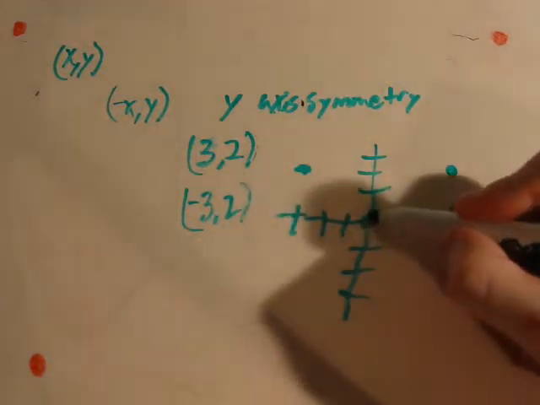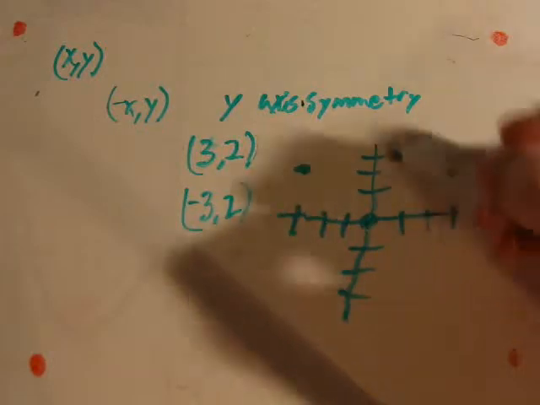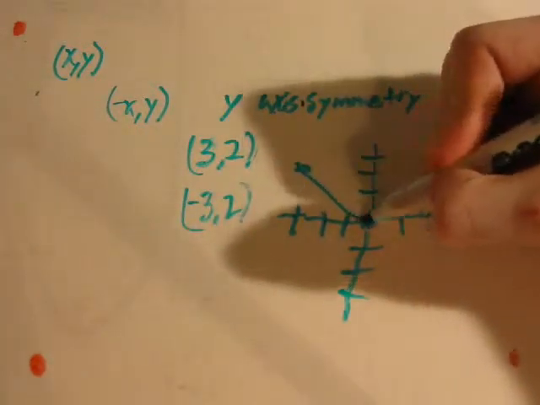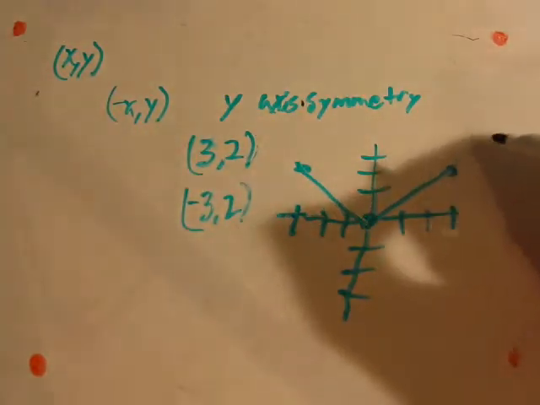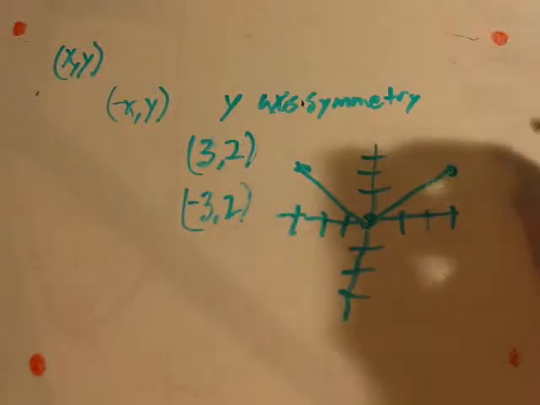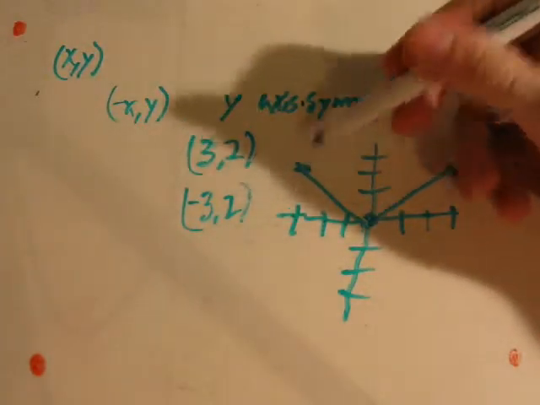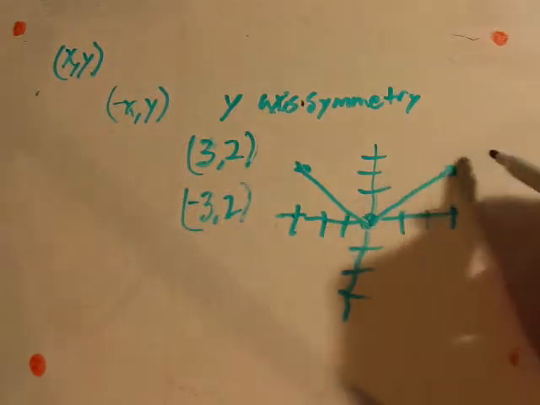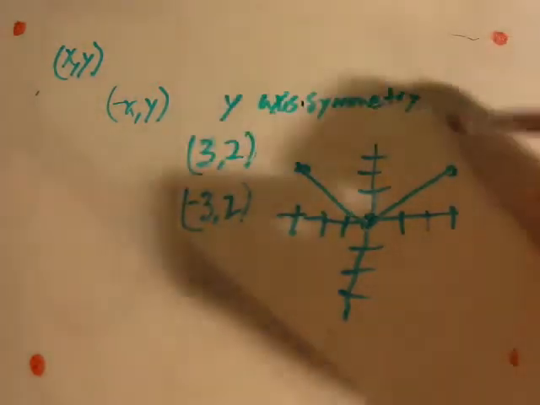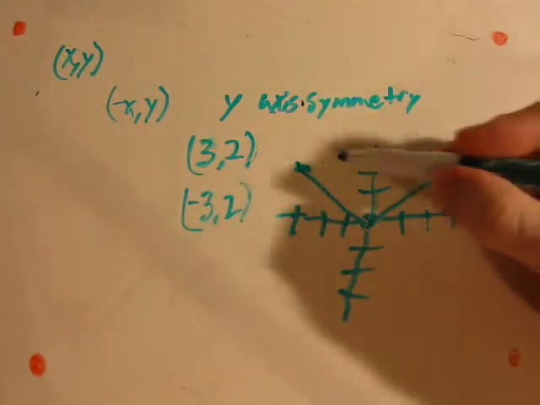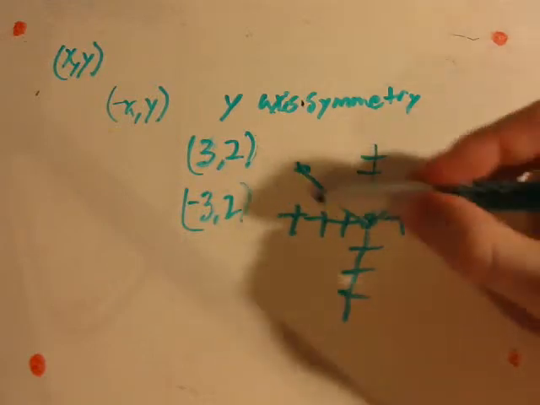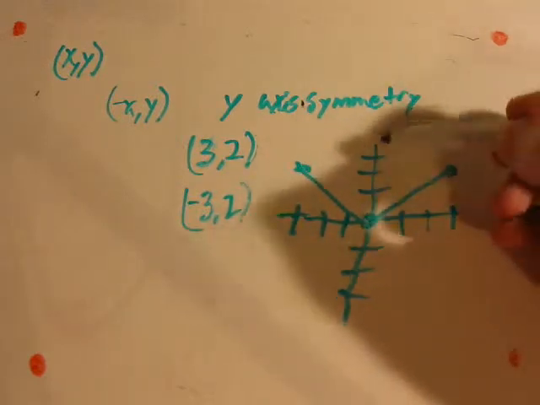And let's just say, for the heck of it, there's an absolute value of something, just so we can make a couple lines to show you. This line is equal to this line. It's just flipped over the y-axis. So this is actually symmetrical on the y-axis.